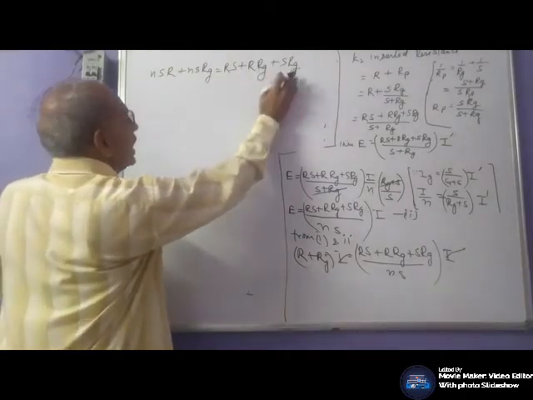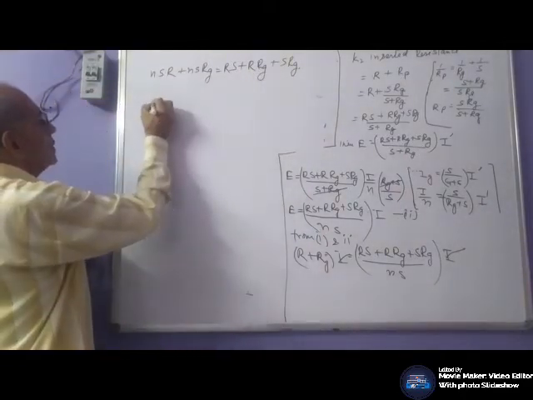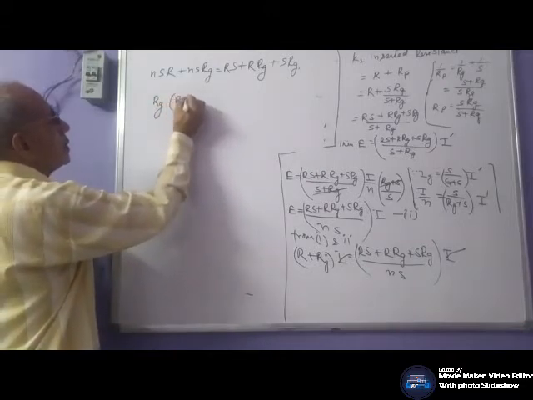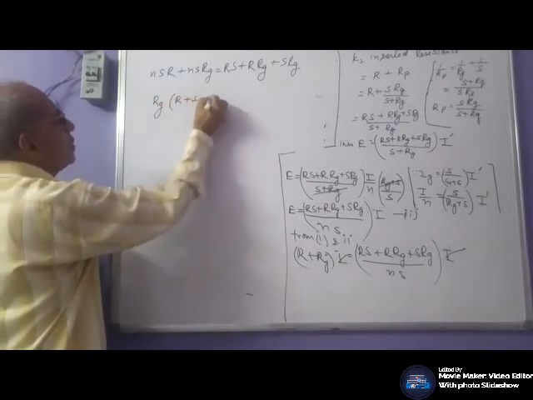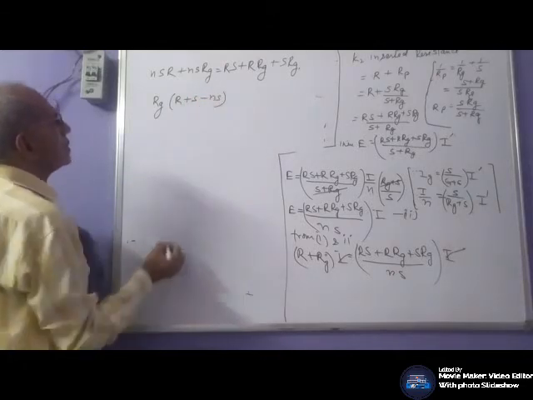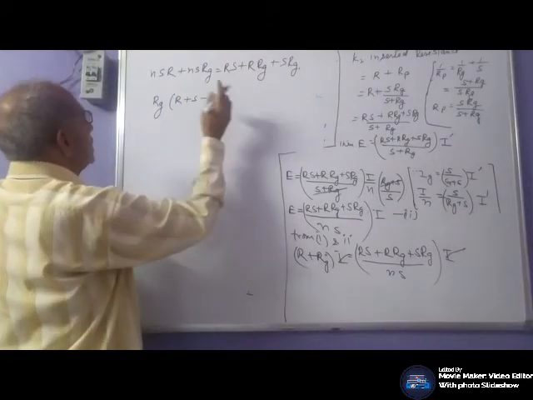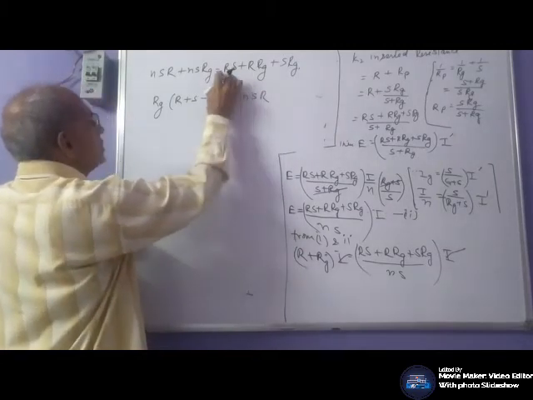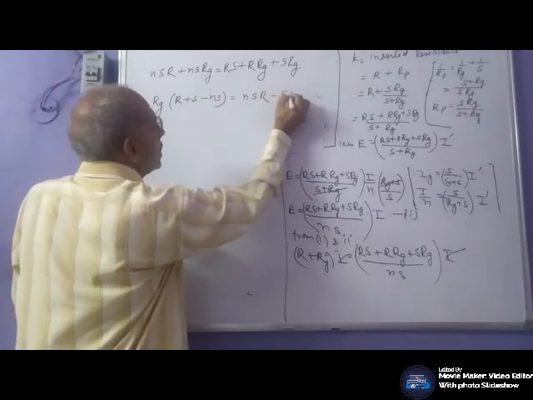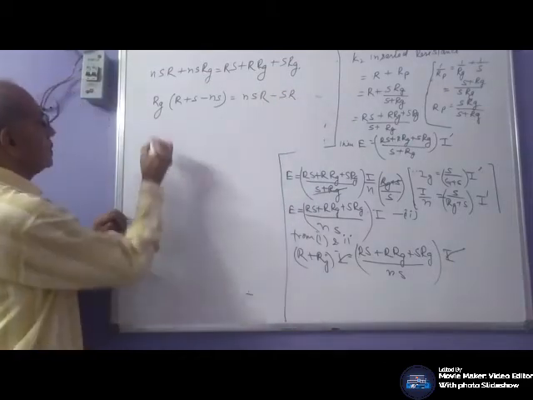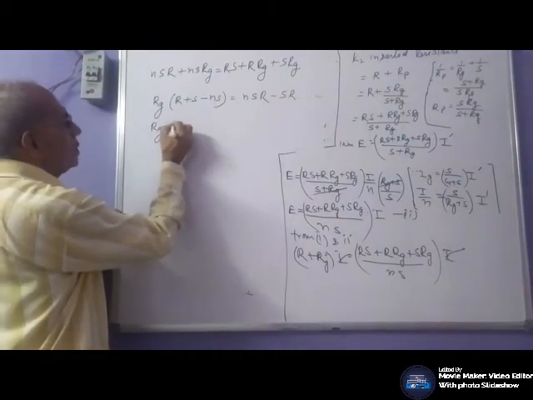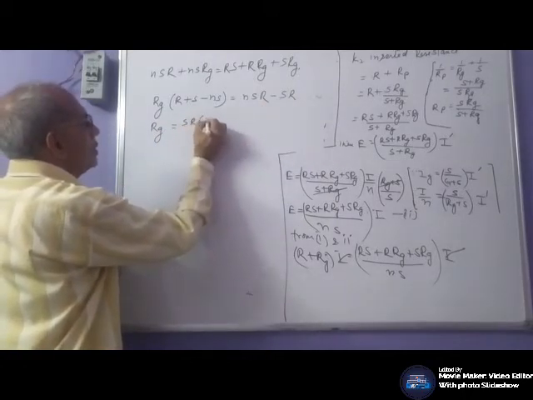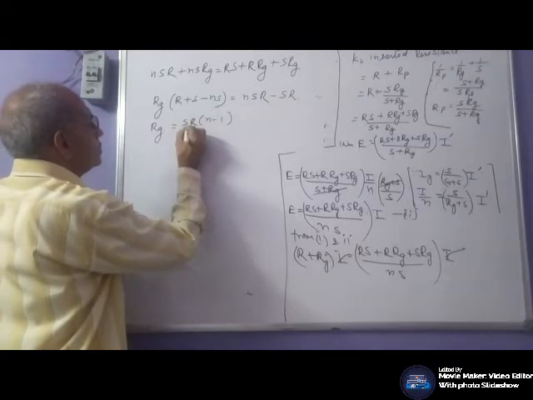Take this to this side: R plus S minus NS. Take this to this side: NSR. Take this to this side: SR. Rg, SR common, N minus 1.